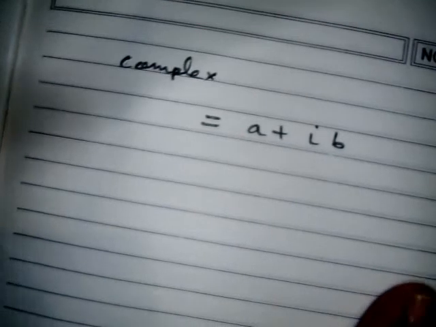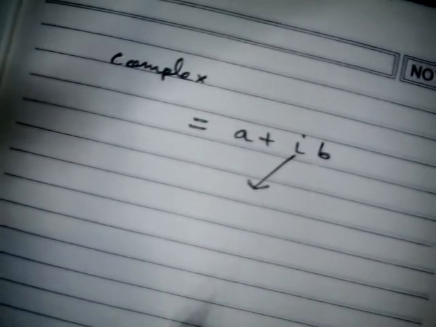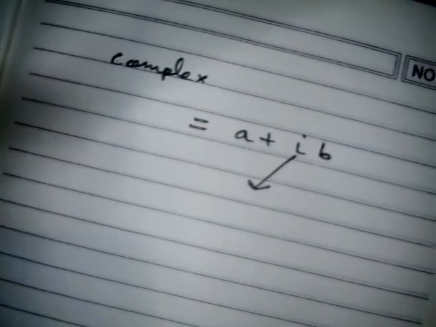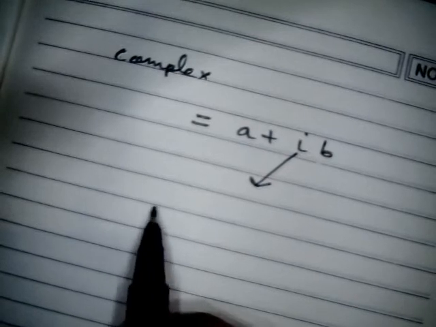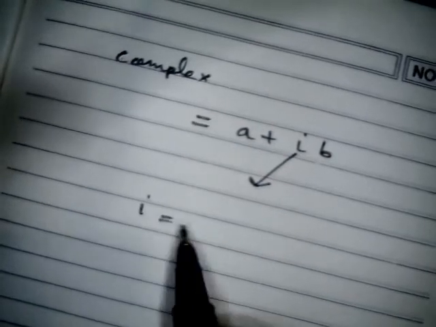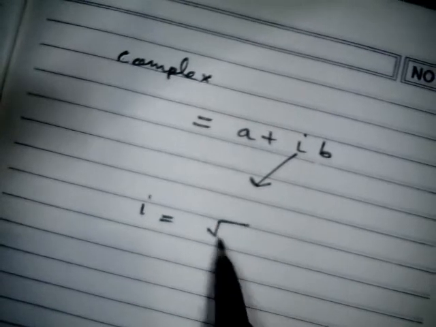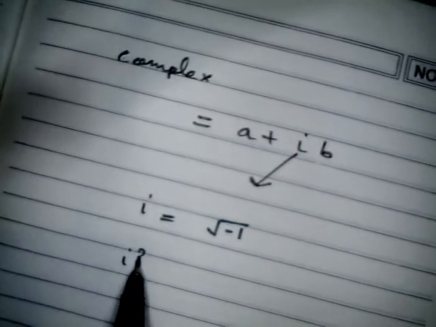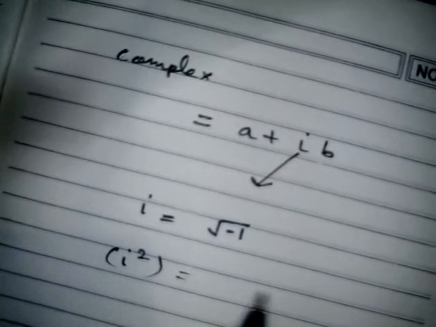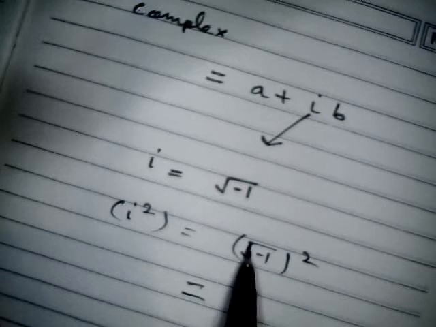what is the existence of this i? How did it come into existence, and what is the use, why are we using this i? Okay, so here is the property. This i is called the imaginary unit and it stands for square root of -1. Okay, if I do the squaring on both sides, we know this square root means half, so (-1) to the power half, and outside is already 2.